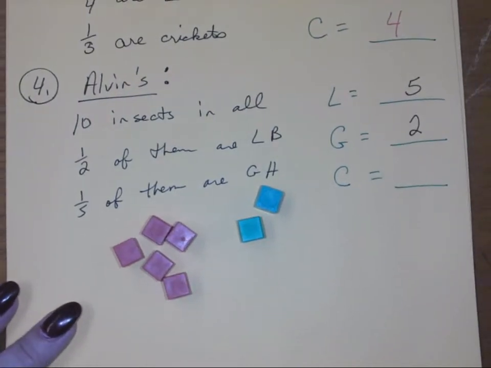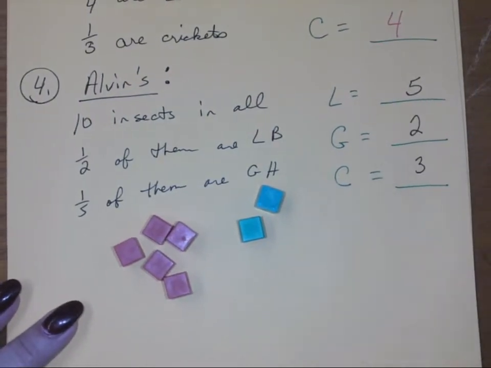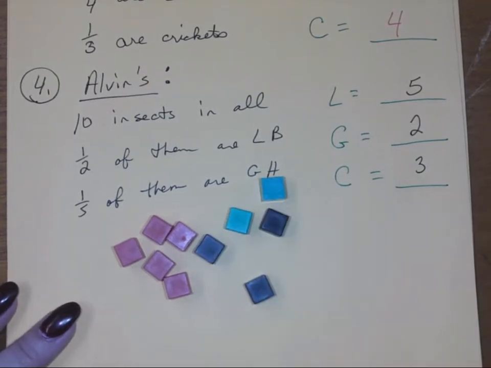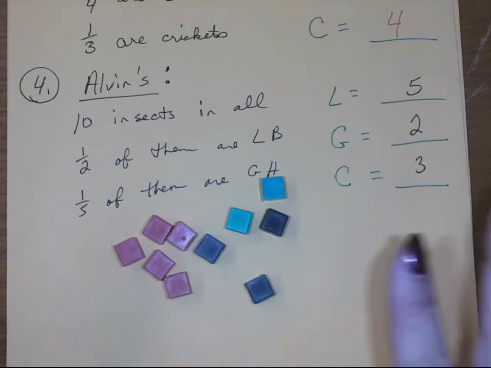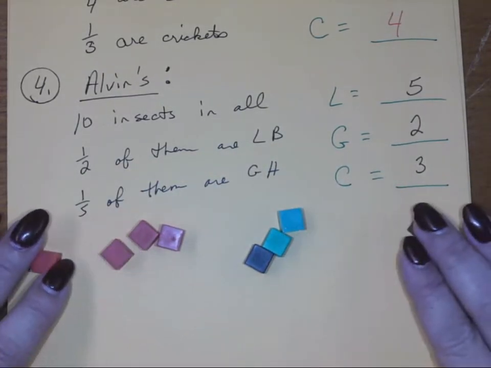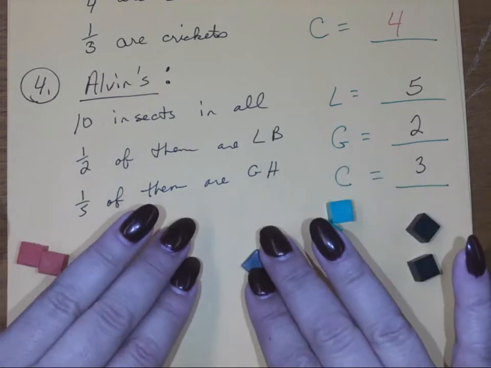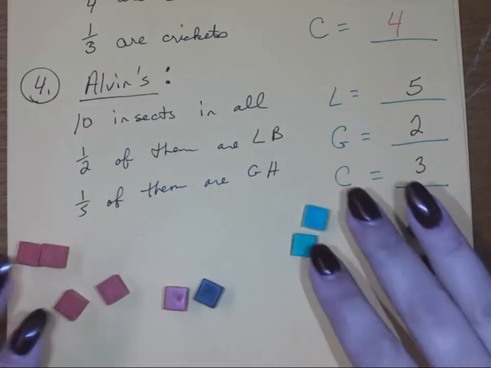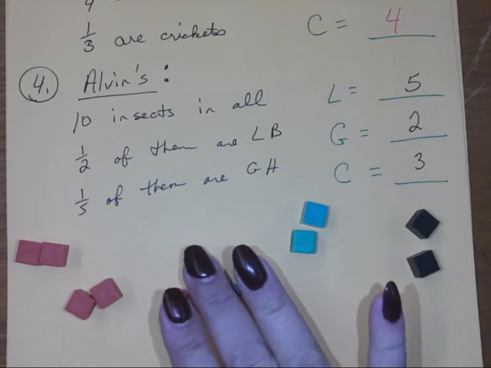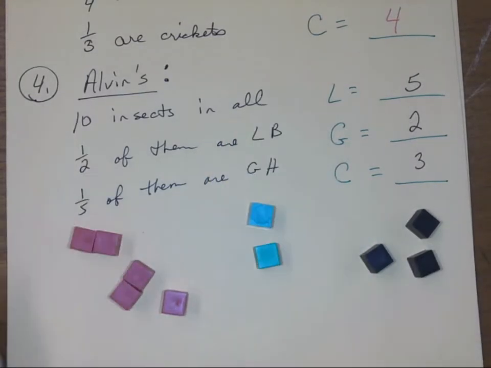And the rest are going to be crickets, so there should be 3 of those guys, so that everything adds up to 10. And then once I've got this out here, we can double check. There's 1/2. The 5th might be a little bit difficult. There's my 1/5 that's green for grasshoppers, and then all the leftovers are crickets.